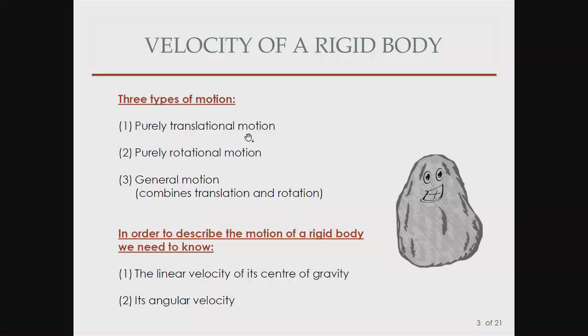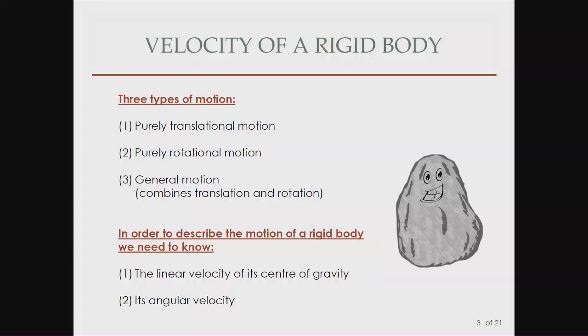I also want to just briefly touch on different types of motion. I will not go into that in depth right now. So a body can have either purely translational motion, where it doesn't change its orientation. It can just travel in space without rotating in any direction.